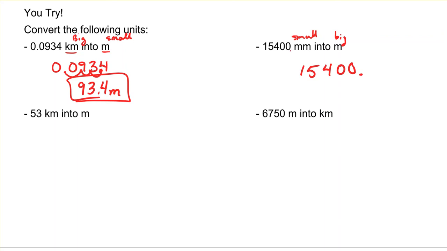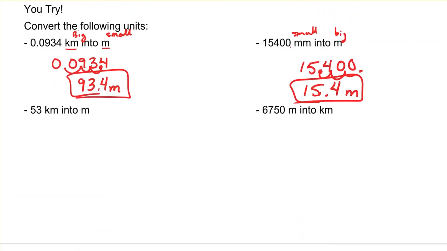So we're going to move this 3 times to make it smaller. 1, 2, 3. So 15.4, oh, not kilometers, but just meters. Perfect. So 15,400 millimeters is the same thing as 15.4 meters. And hopefully you can understand that just moving the decimal makes this a really fantastic system to use. The metric system is an awesome system for us to be able to use.